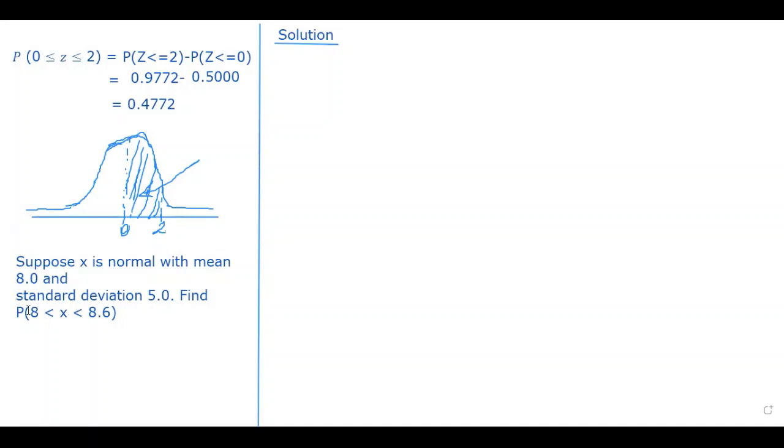We have two X values here, one is 8 and one is 8.6, so we have to standardize both of them. So Z1 will be the X value minus mu, over sigma.